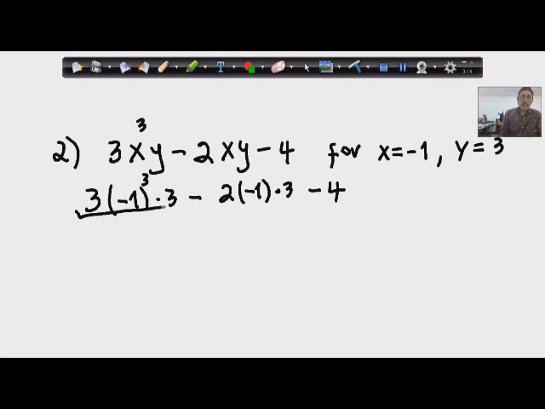Let's count how many minus signs in here. It's just 1, 2, 3 minus signs. It's odd, so this is a negative term. 3 times 3, 9, times 1 is 9.